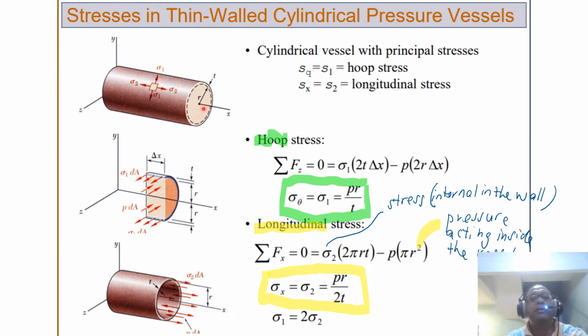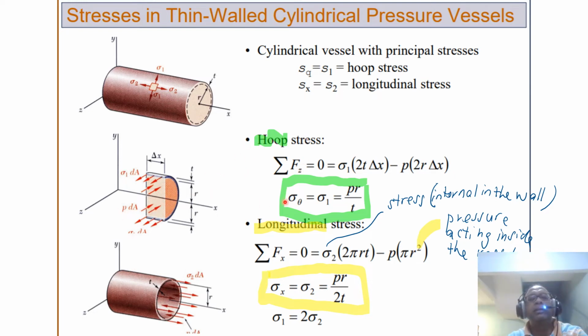When you look at the hoop stress, this is how we analyze the conditions of the pressure vessel. Sigma 1 dA is the stress inside the wall times the area of the wall. There are two walls, the bottom and the top, and the internal pressure acts to push the wall of the vessel out, so p dA.